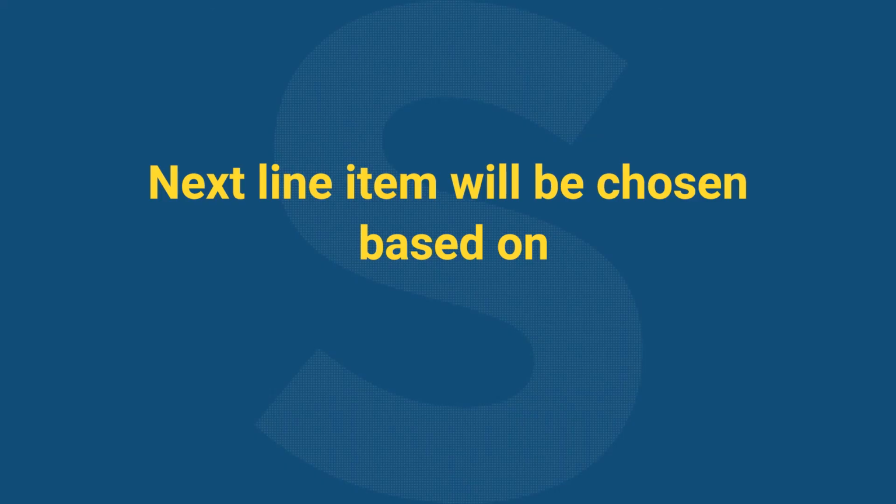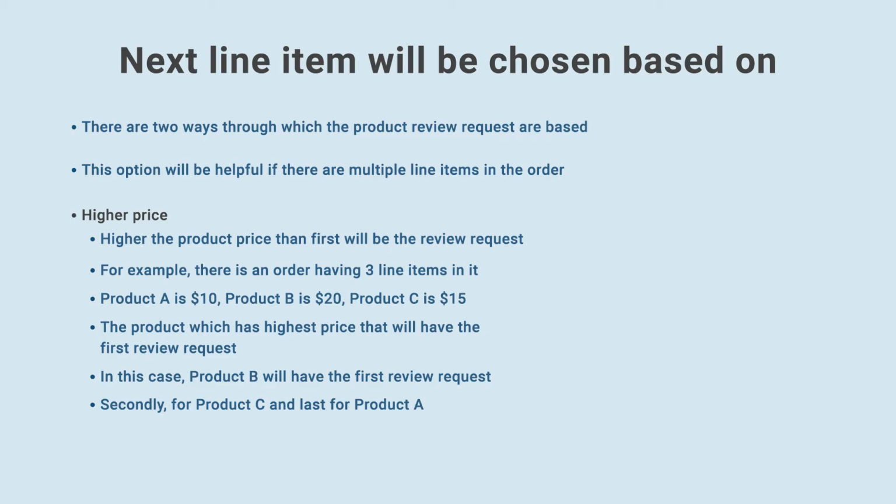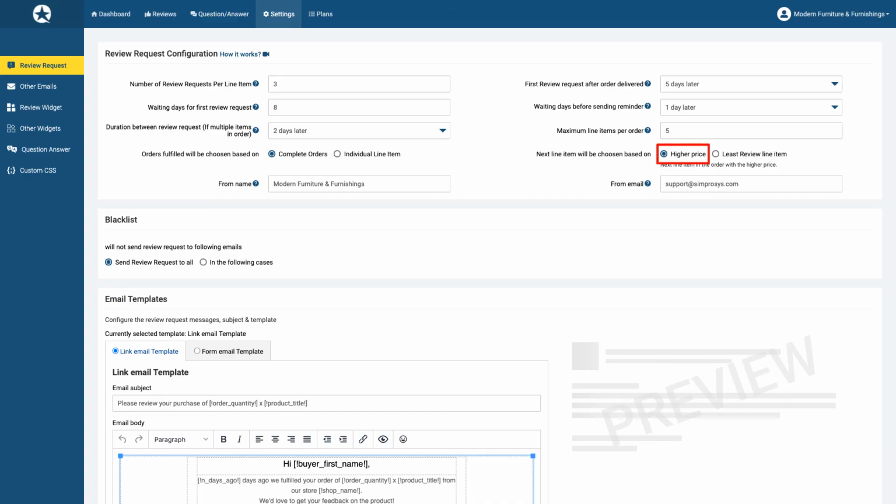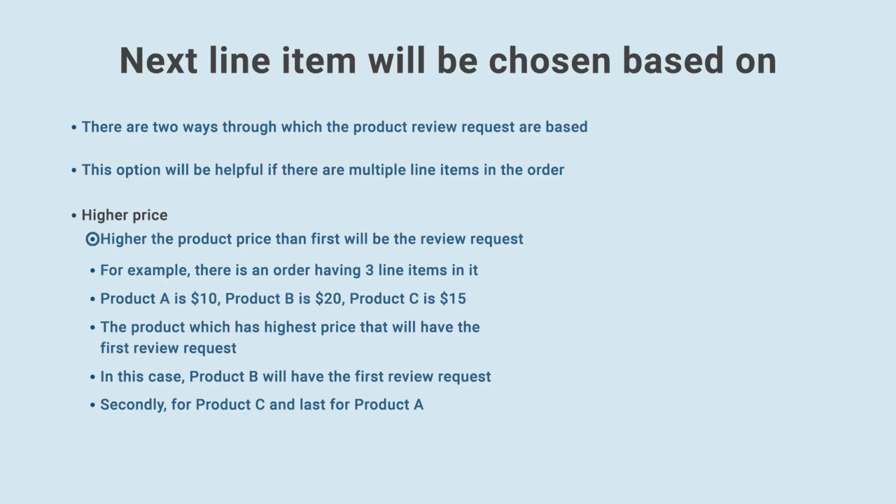Going ahead with the other topic. Next line item will be chosen based on. There are 2 ways through which the product review requests are based. This option will be helpful if there are multiple line items in the order. First, by higher price. The higher the product price, the earlier the review request. Let's see how it works.